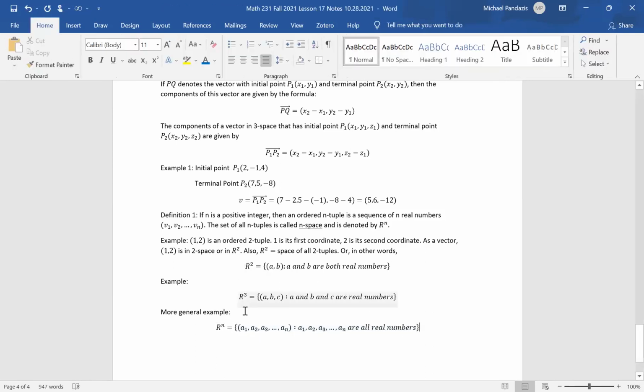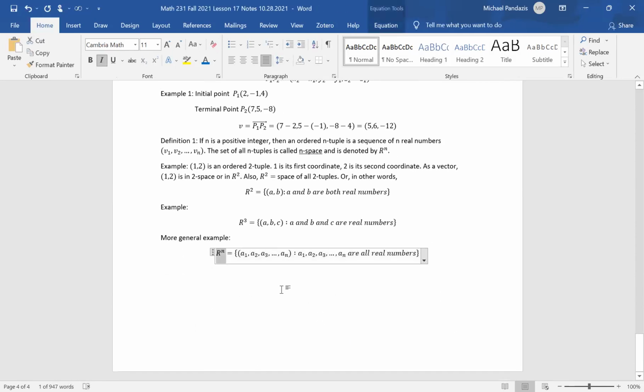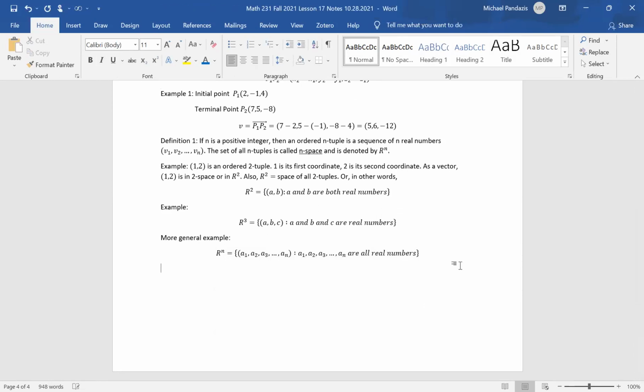So n-space is the set of all n-tuples, where there are n components and each component is a real number. The set of all ways to do that, that's R^n. Those are examples of n-space and the elements of n-space.